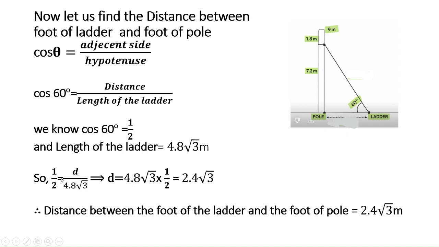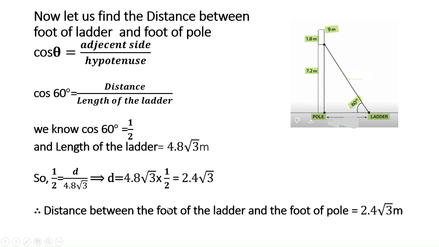Now we are substituting cos 60 as 1 by 2, the distance between the foot of the pole and the foot of the ladder as d, and the length of the ladder as 4.8 root 3 meters. So we substituted, and we are able to calculate the value of d. The distance between the foot of the pole and the foot of the ladder is nothing but 2.4 root 3 meters.